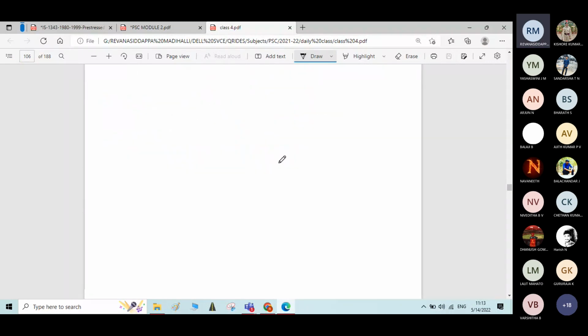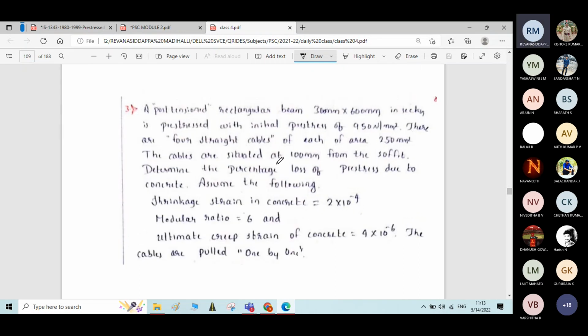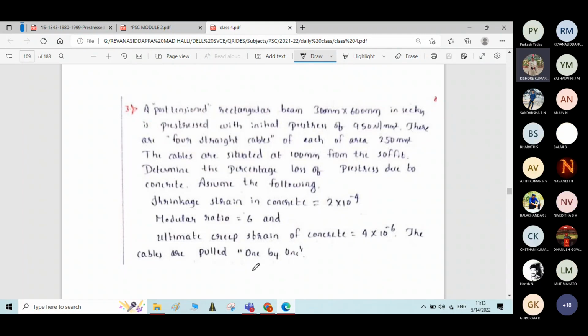Now we'll move on to the next problem. Please note the third problem. Are you able to read this problem? Somewhat blur it is. Are you able to read the problem? Yes, sir. Please, anyone reply? Yes, sir.